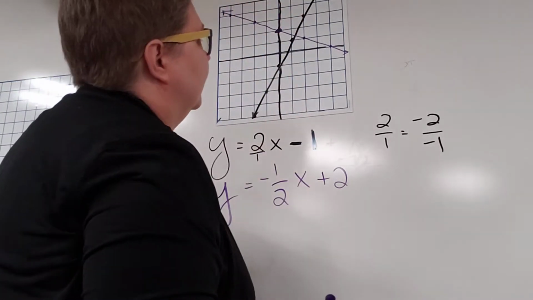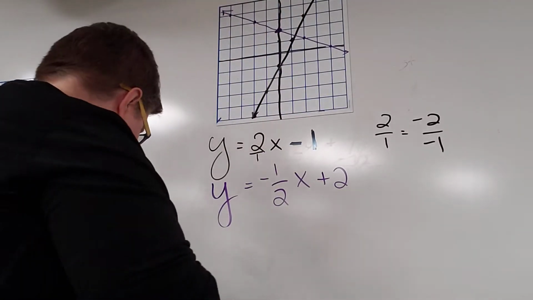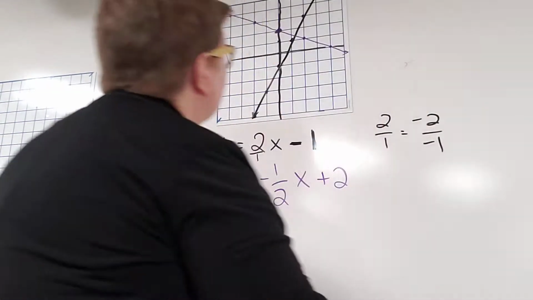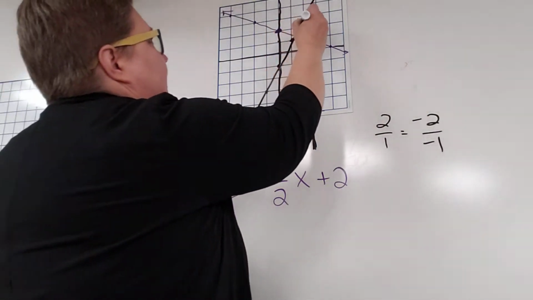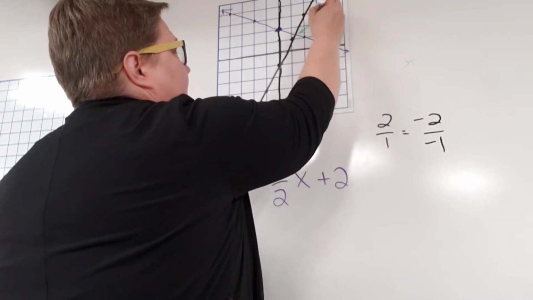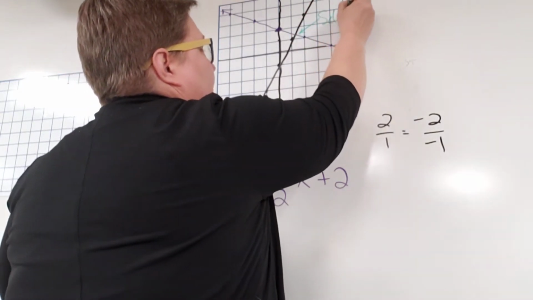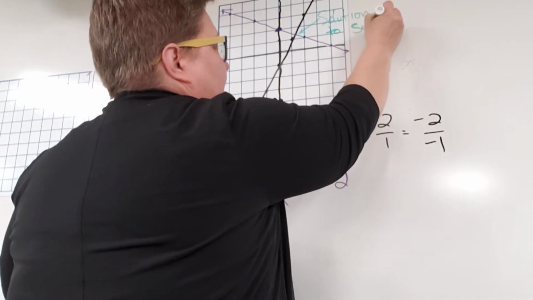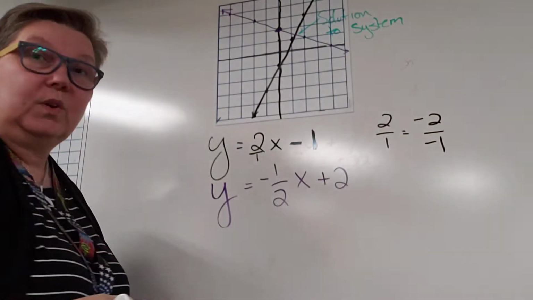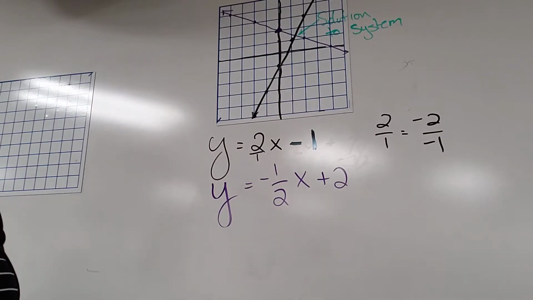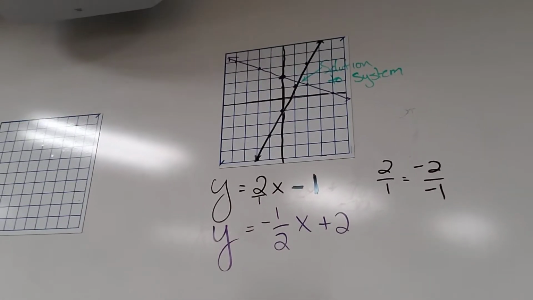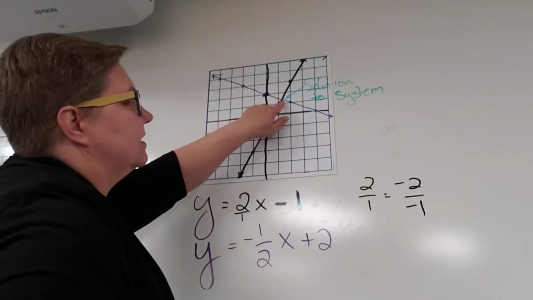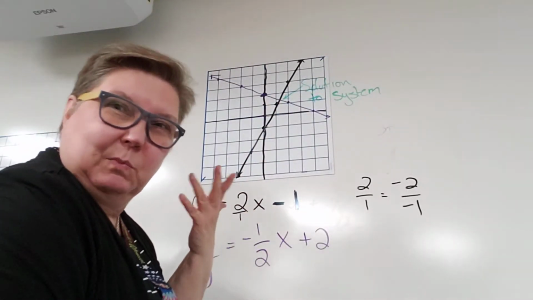And then the solution to the system is actually, perfect, another color, right here. This is called the solution. Now, you can see that the solution to this system, let me move you up a bit, is in between some numbers.